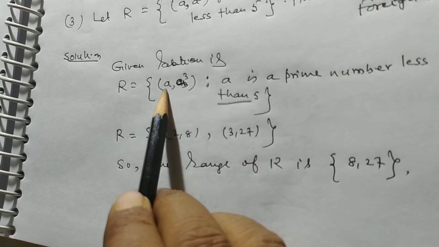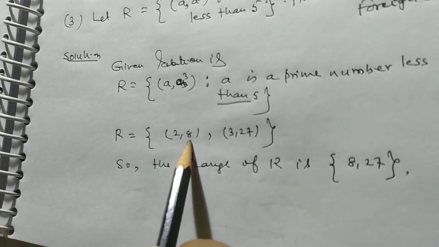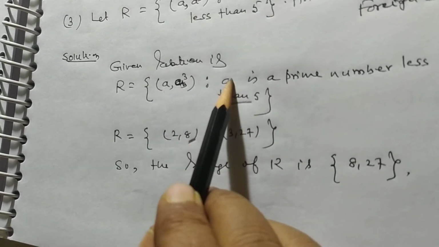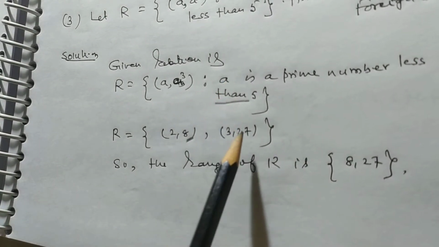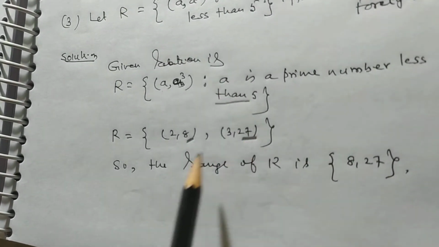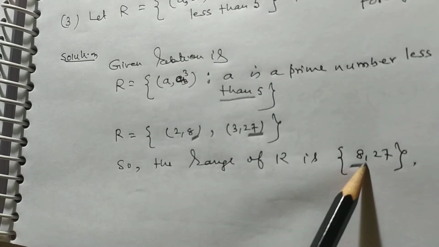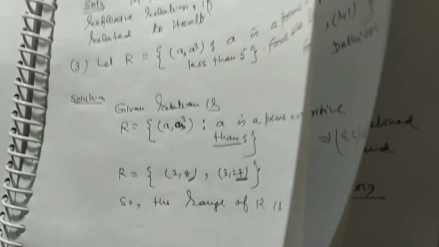Then a is 2, its image will be 8. a is 3, then image will be 27. So the range of R is {8, 27}.